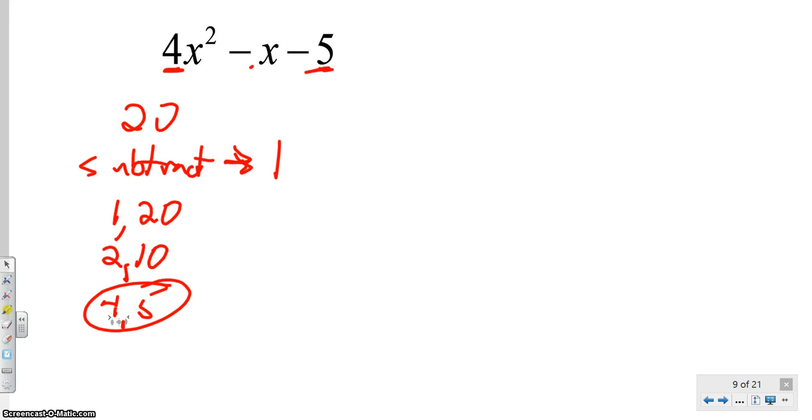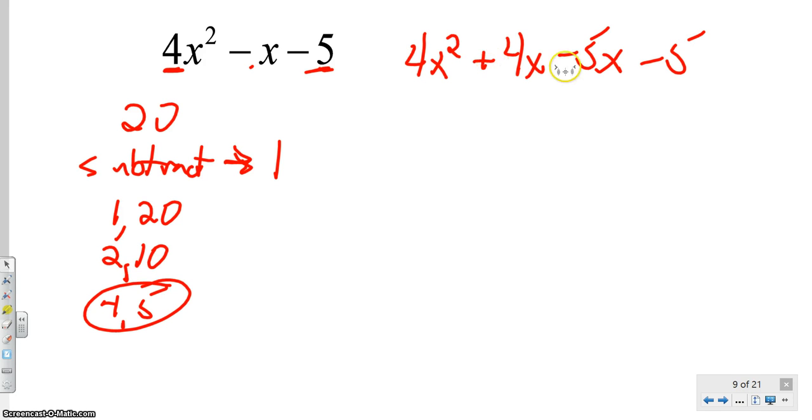So there we go. Now this is 4x squared. All right, now we got 4 and 5. So it'll be plus 4x, excuse me, minus 5x minus 5. Now, why did I put the plus here and why did I put the minus there?